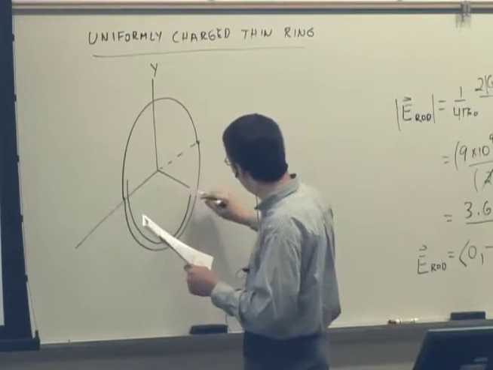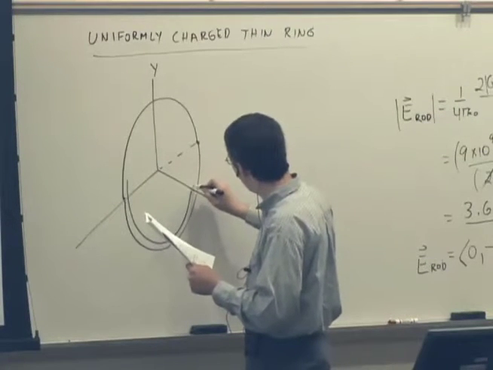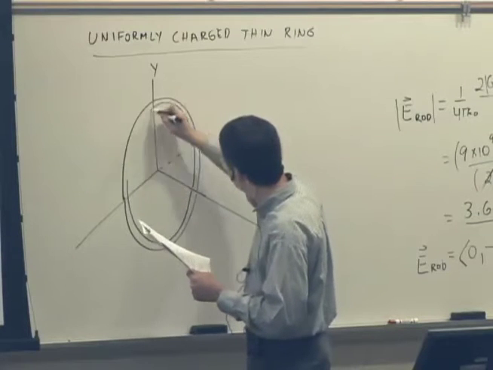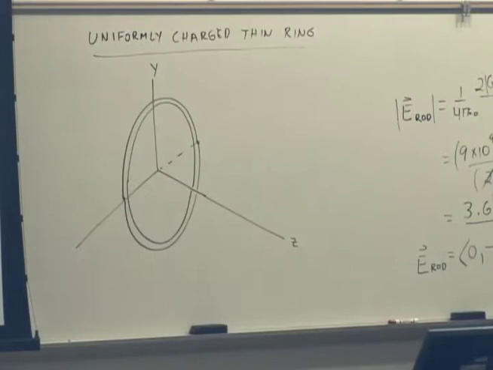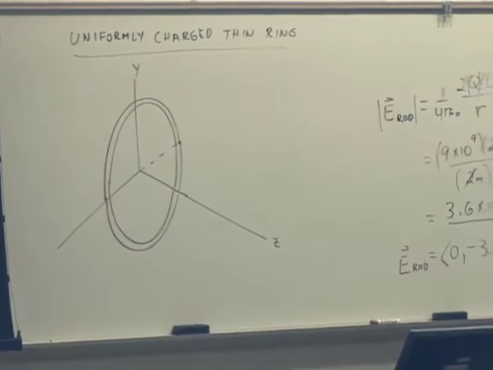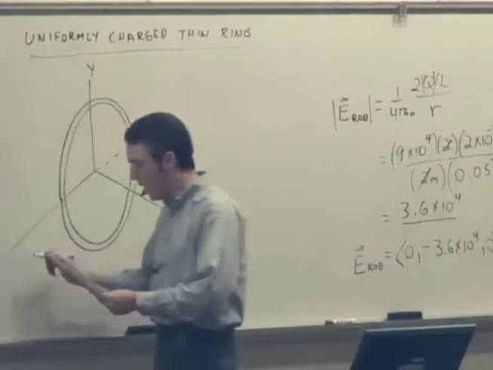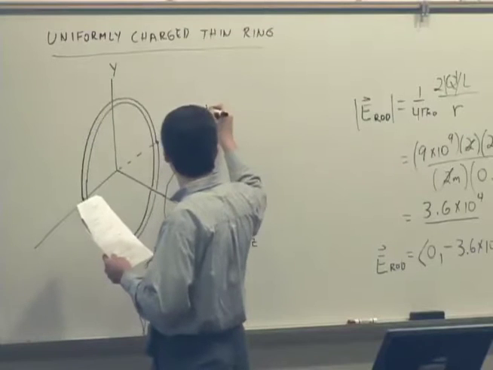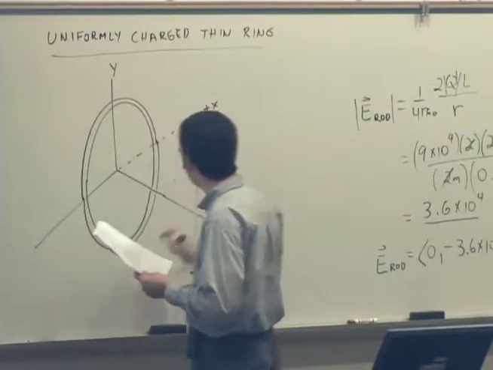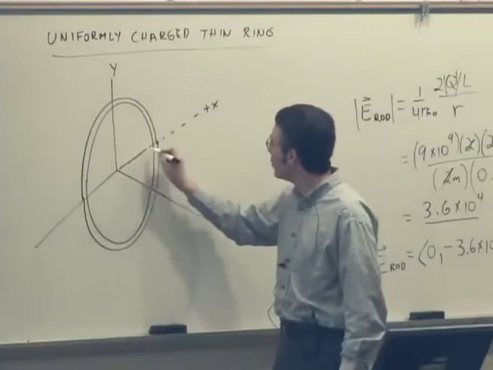In fact, I'll kind of draw the axis going in front like that. Okay, so the z-axis is coming through the center of the ring, and it's perpendicular to the ring, and the ring is in the xy plane. And really, this is the positive x direction, and this is the negative x direction. So draw it like that.